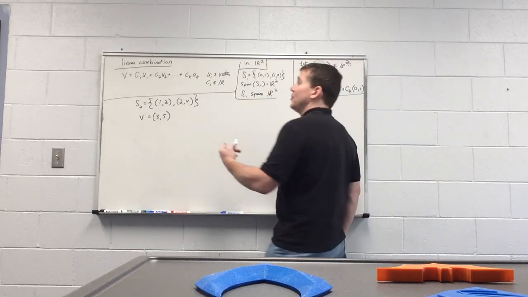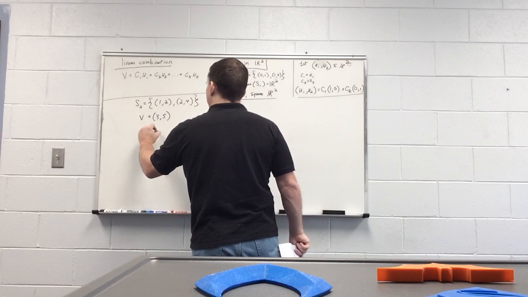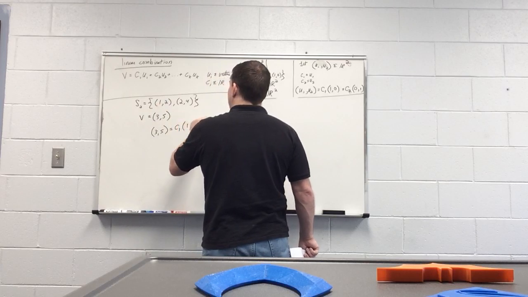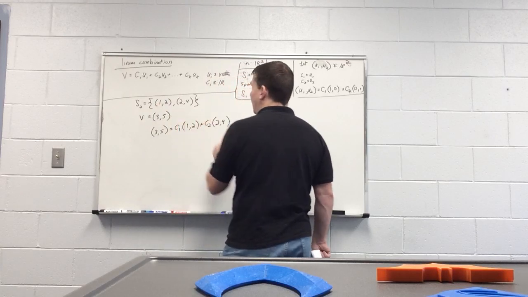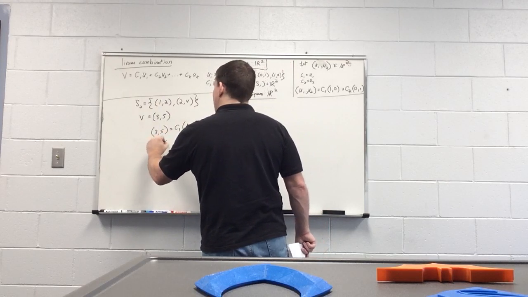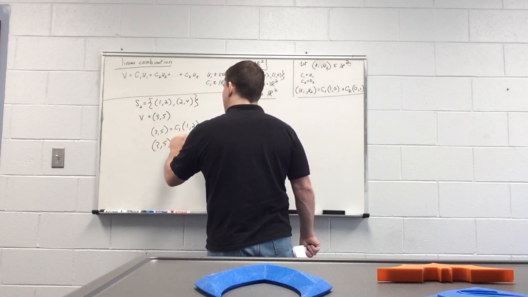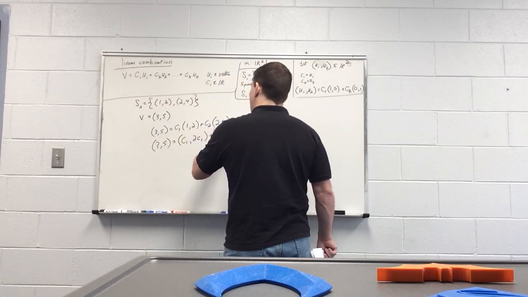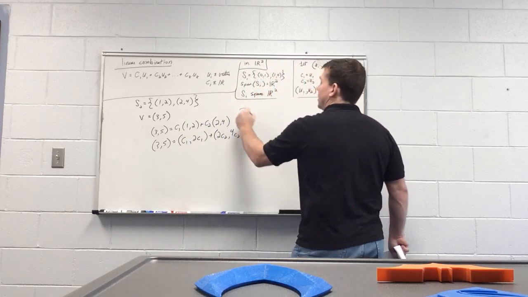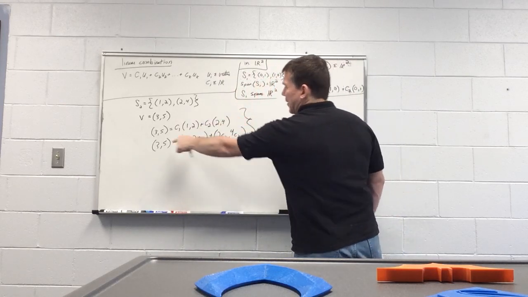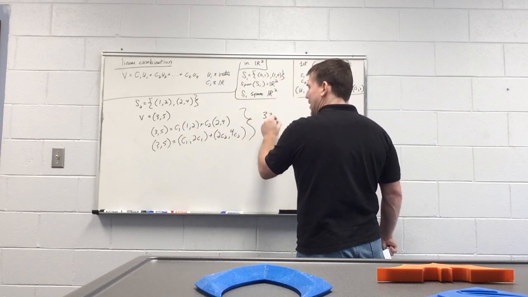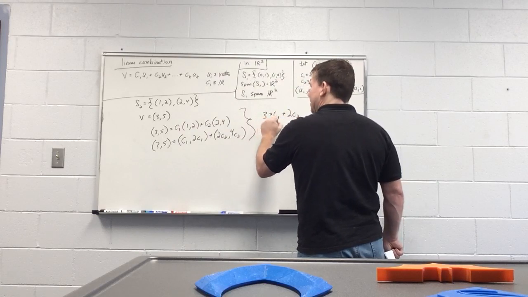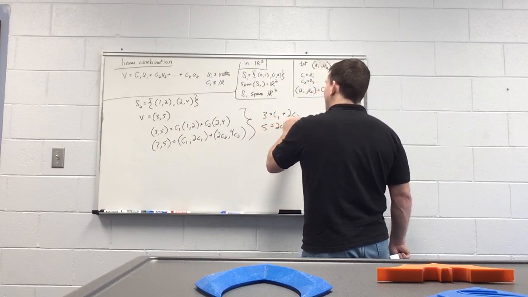Again, here's where I just want to run through the trick. So we set it up like I did there. 3, 5 equals C sub 1 times 1, 2 plus C sub 2 times 2, 4. Now if I solve this out, 3, 5 is equal to C1, 2C1 plus 2C2, 4C2. If I then write out my system and equate first to second, I get 3 equals C1 plus 2C2, 5 equals 2C1 plus 4C2.